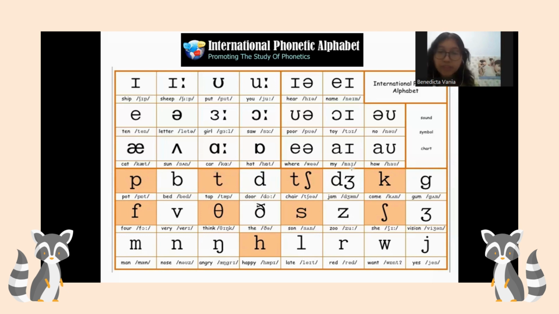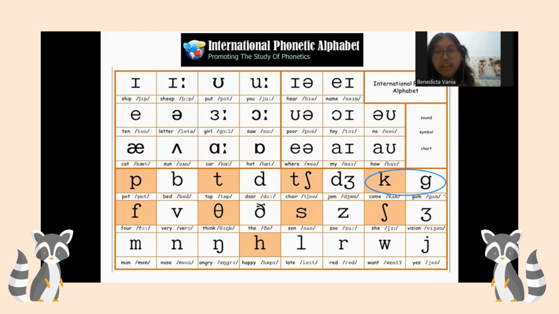Next, we're gonna move on to the ones pronounced in the dorsal area, which are k and g. K sound is voiceless, so there is k sound unaspirated and k sound aspirated. K sound unaspirated is for words like confirm, collect, charisma.